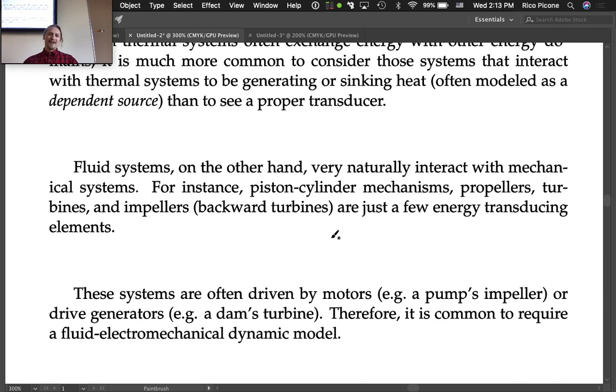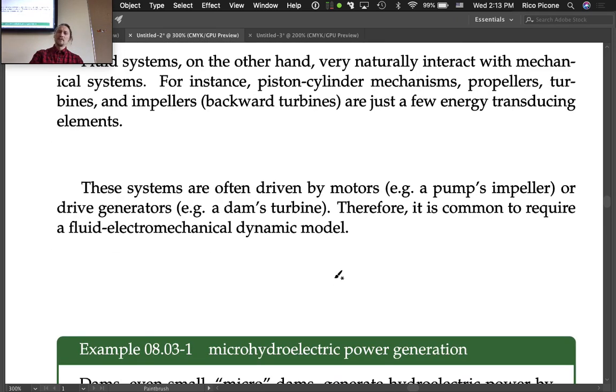Okay, great. Fluid systems, on the other hand, very naturally interact with mechanical systems. For instance, piston cylinder mechanisms, propellers, turbines, and impellers, or backward turbines, are just a few energy transducing elements. These are very common, and we'll run into them a lot as mechanical engineers, depending on what field you work in.